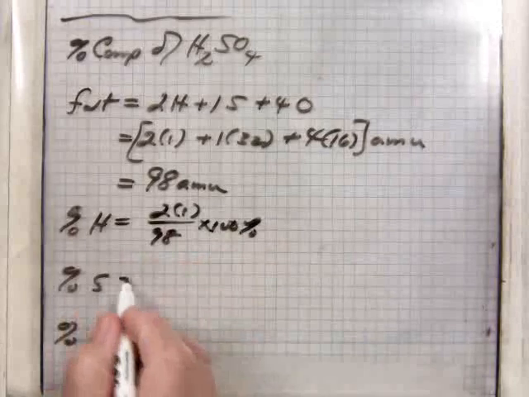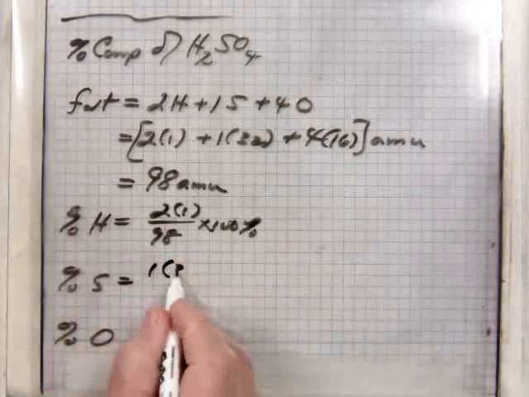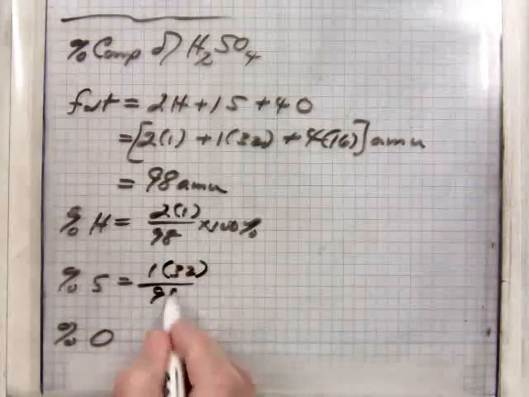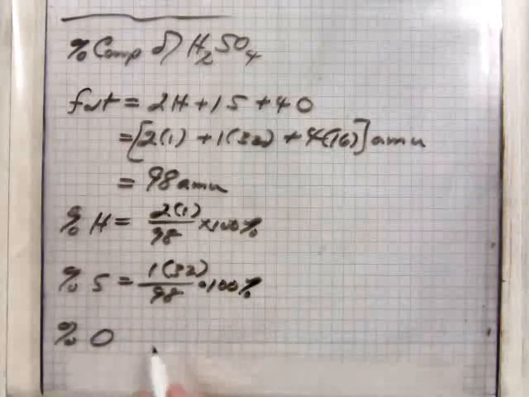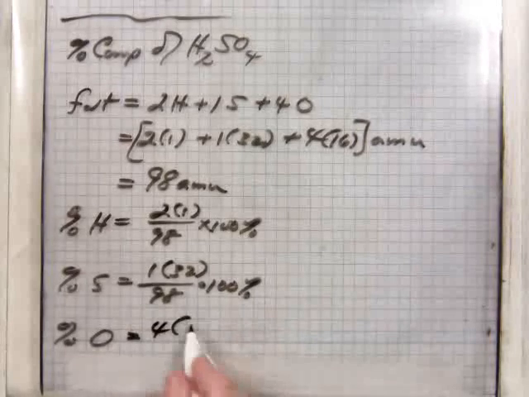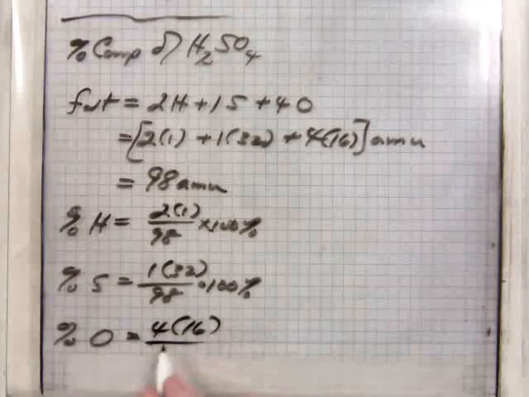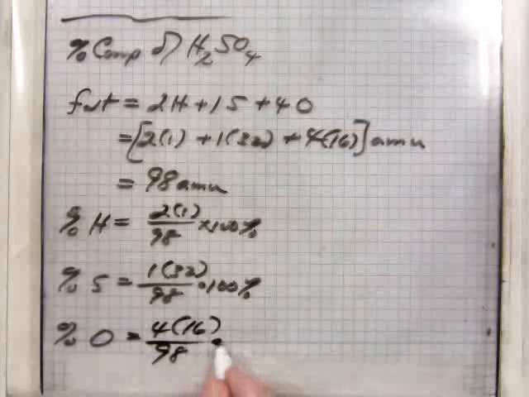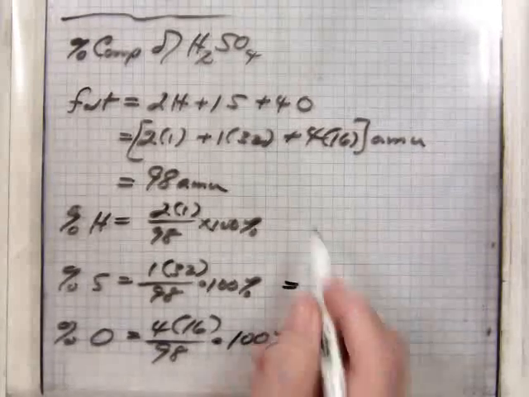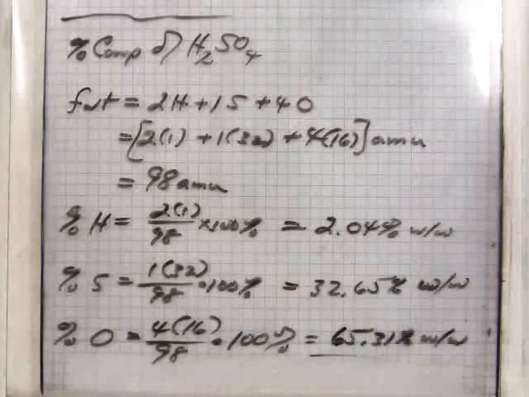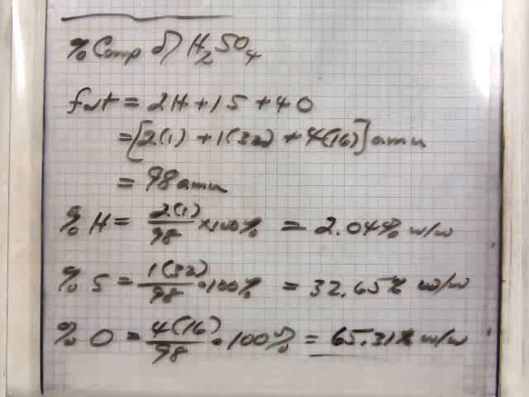And then sulfur is 1 sulfur, 1 times 32 over 98 times 100%. And then we have 4 oxygens, 4 times 16 over 98 times 100%. So that's what I got.